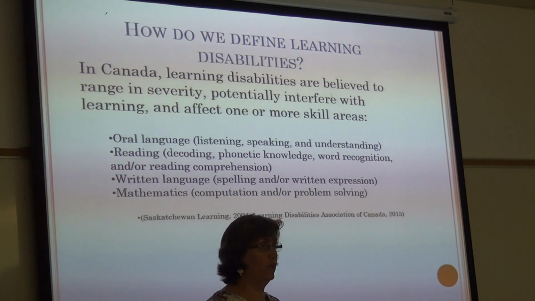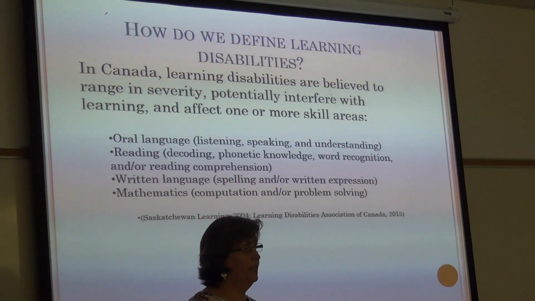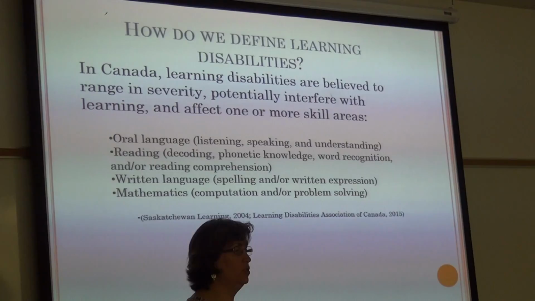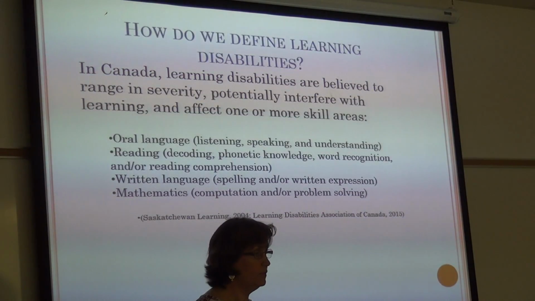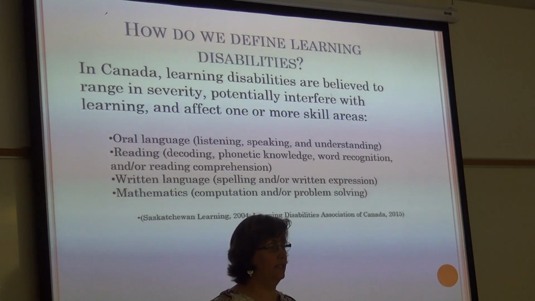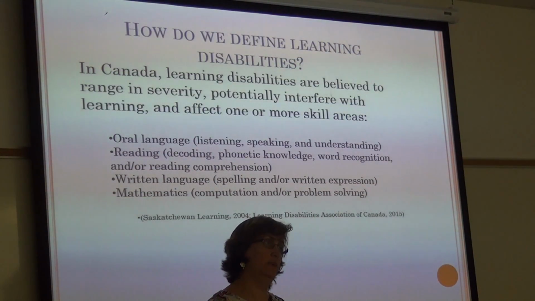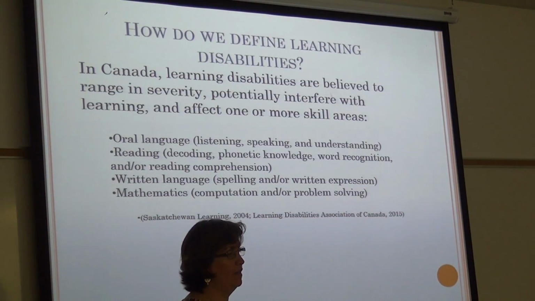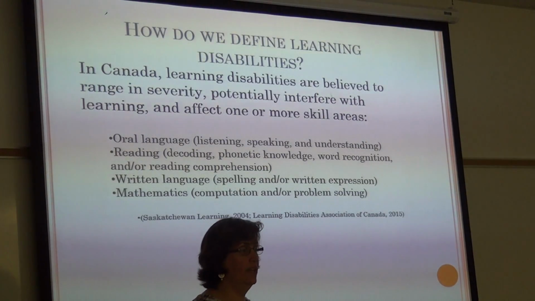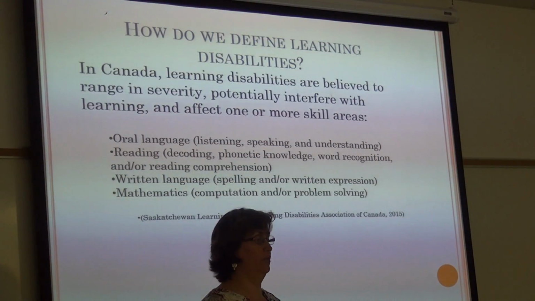The second one is reading, and as we spoke about a moment ago, reading is broken down into decoding, phonetic knowledge, word recognition, and/or reading comprehension. The next aspect is written language, so that can be spelling or written expression. And finally, we have mathematics, where you can have learning disabilities with computation and/or problem solving.